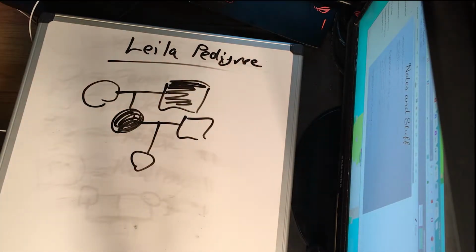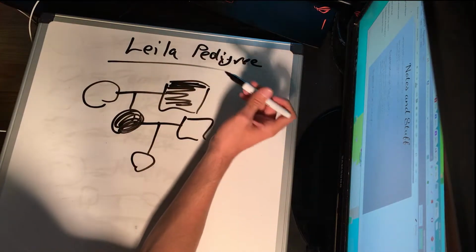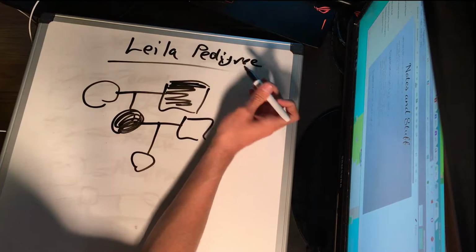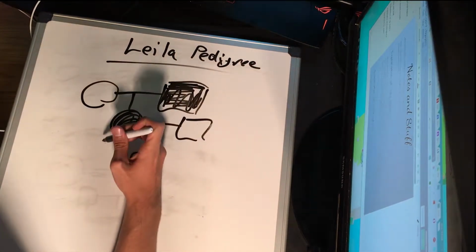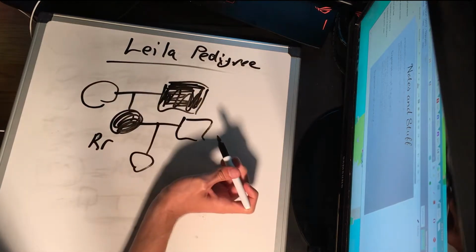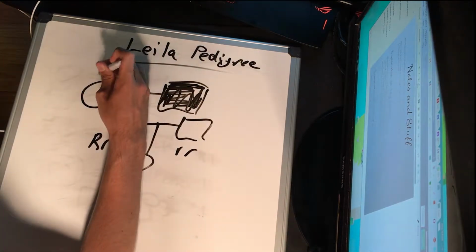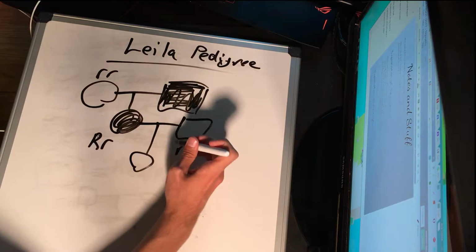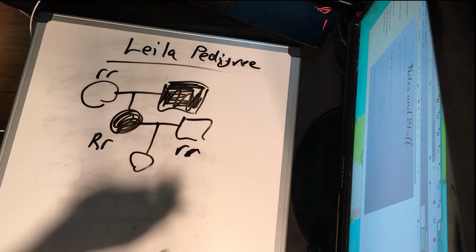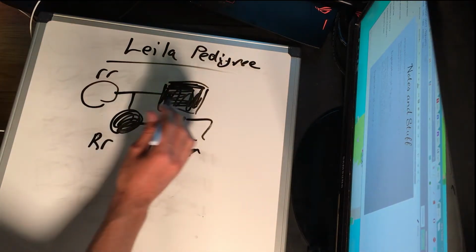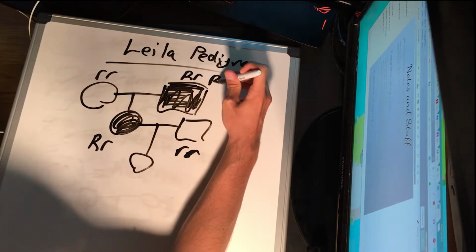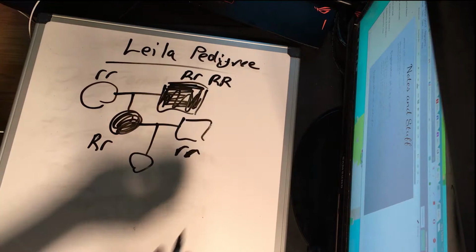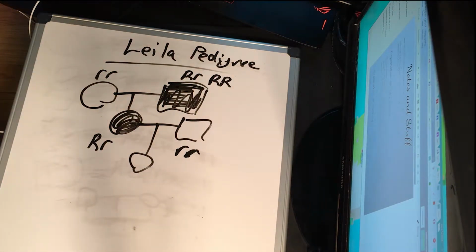So essentially, this is dominant, so we know that at least this one, they have to be carrying the disease here. So she has to be at least this, and because they're not carrying the disease, they're recessive automatically. But we don't know. He could be heterozygous or he could be homozygous for Huntington's.